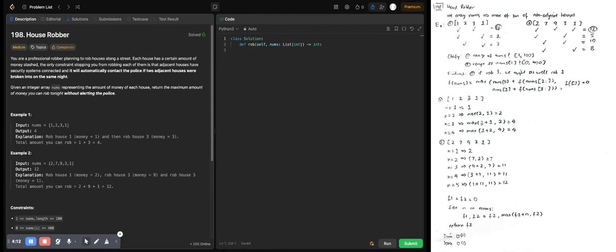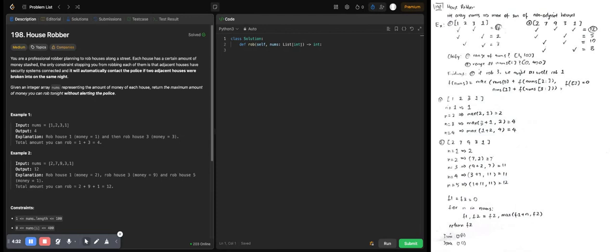And then there are no other ways if we want to rob house 1. How about we rob house 2? So we skip the first house, and then we can rob house 4. This will give us 10.